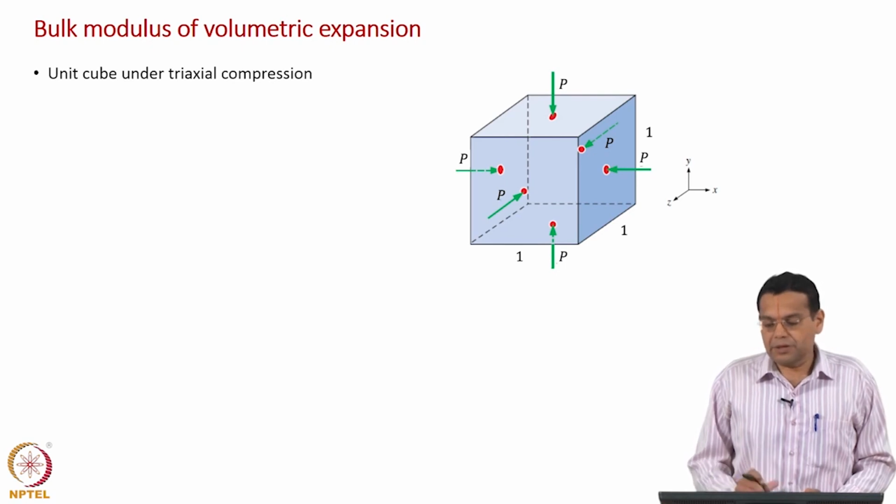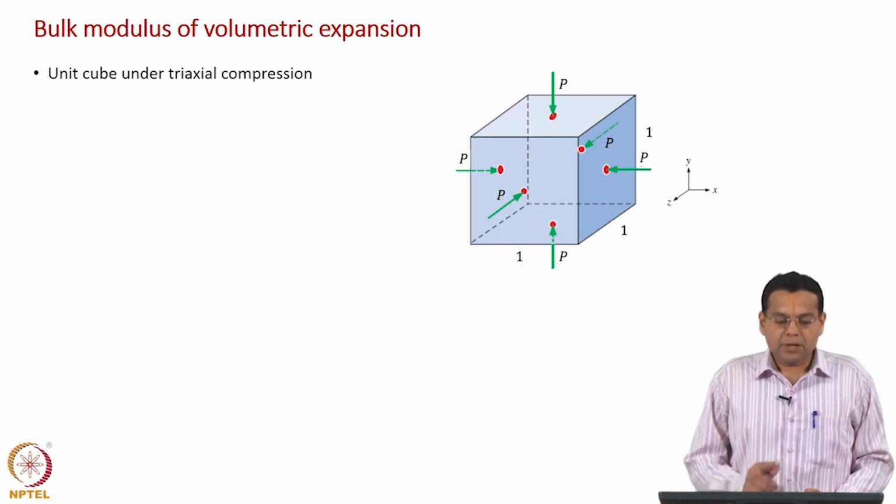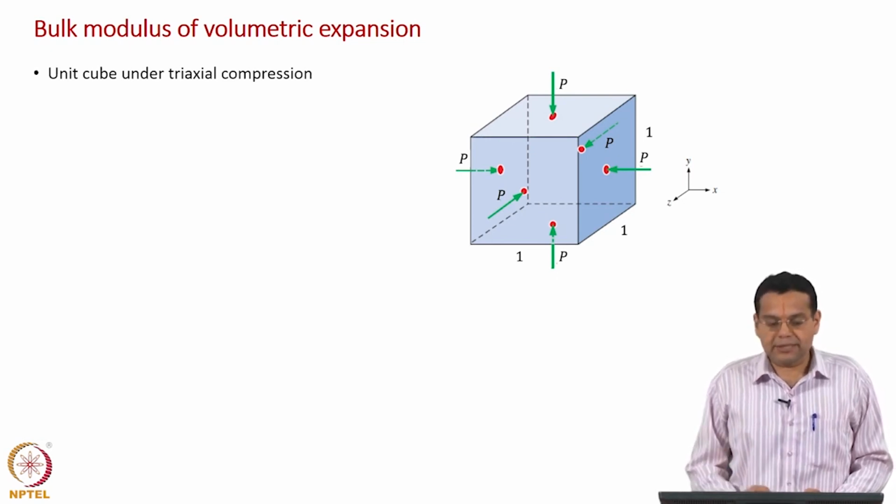We consider a unit cube, meaning a cube of unit side, under triaxial compression. What is triaxial compression? The cube is subjected to compressive normal stresses, all of equal magnitude.